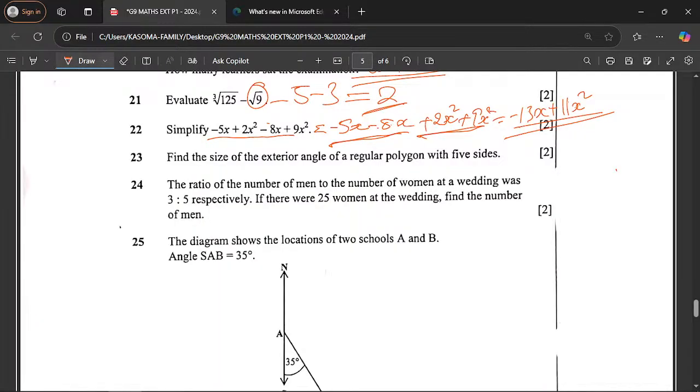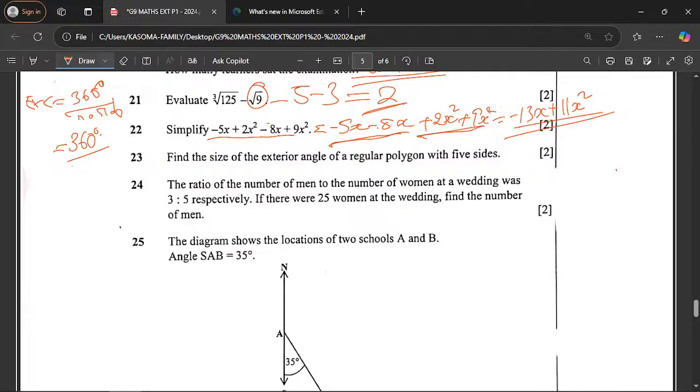So the exterior angle is equal to 360 degrees divided by the number of sides.